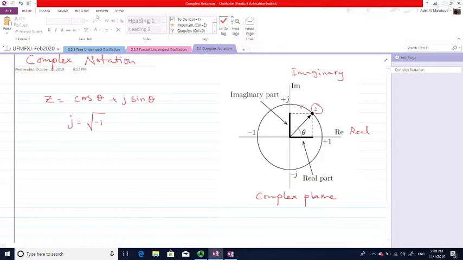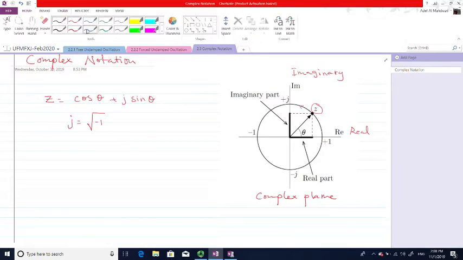If we would like to expand the cosine, which is the real part of that number, and j sine theta, we can, for example, use Taylor's expansion, which you have studied in the mathematics course.